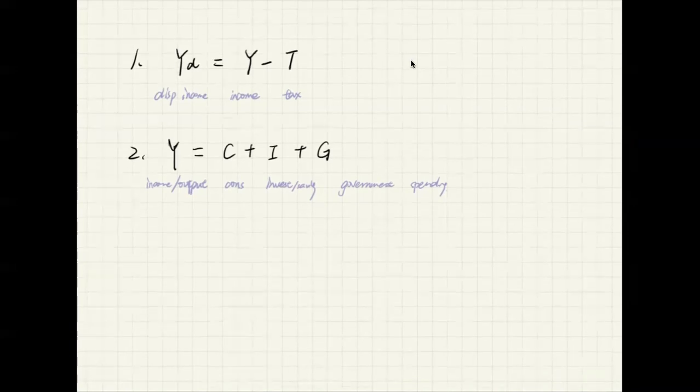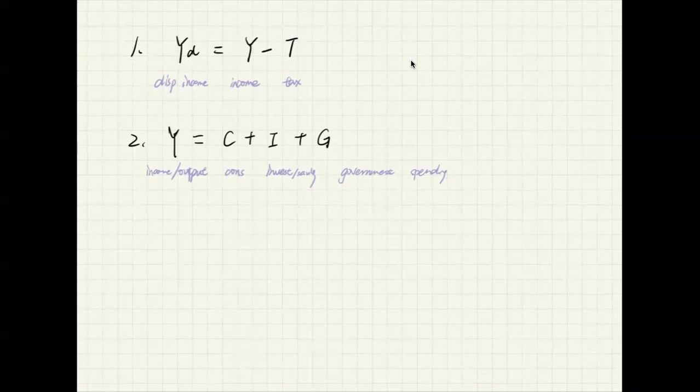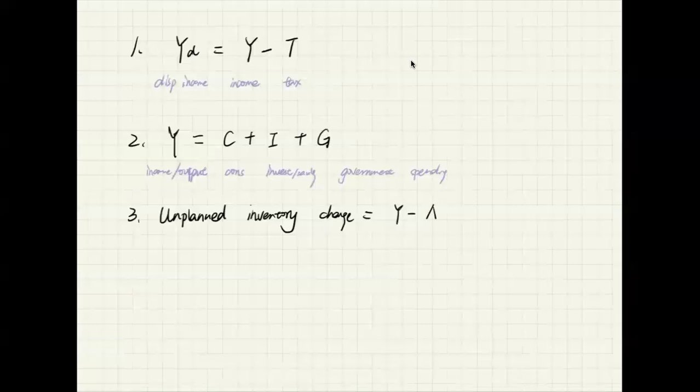And the third one, unplanned inventory change. Also our old friend, right? It's just income minus the total expenditure. Do you remember what the total expenditure is?